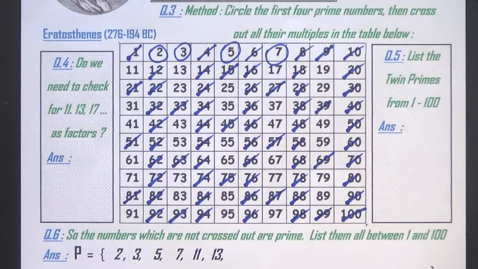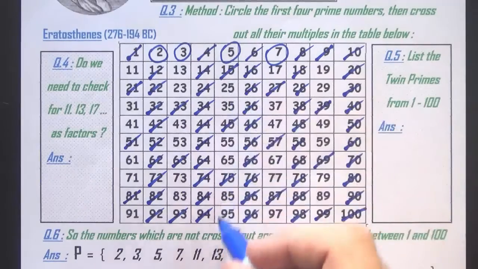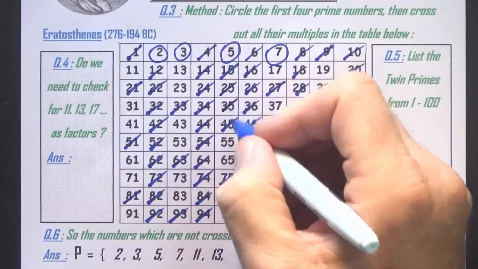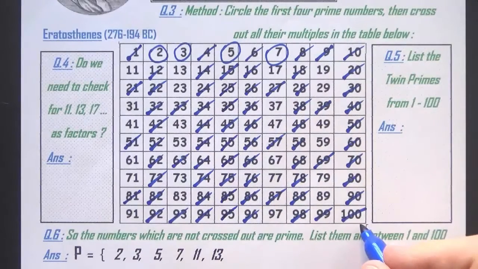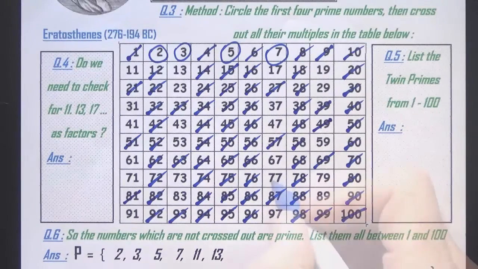Now I can go through and cross out the multiples of 5. Well, that's very easy. They've already been crossed out because they're multiples of 2. And lastly, the multiples of 7. 49, 77, 91.